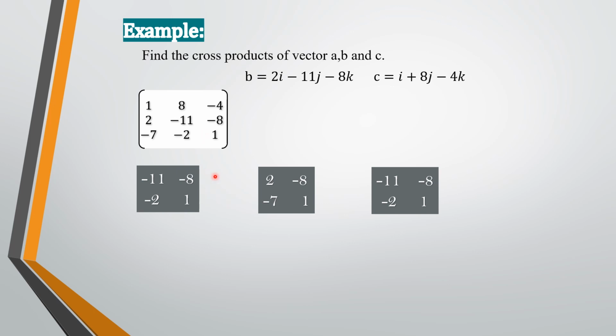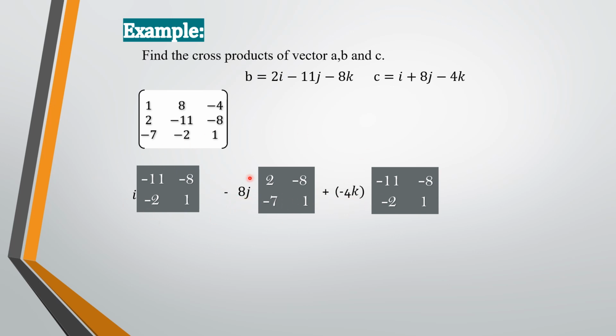By getting the i, j, k, first we have to set up the determinant, the right thumb rule term which I said earlier. So this is our i, our j, and our k.